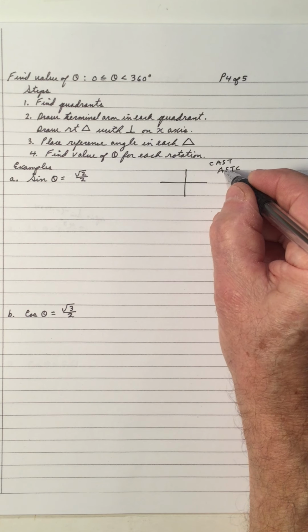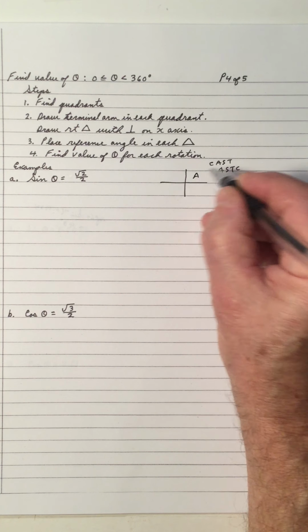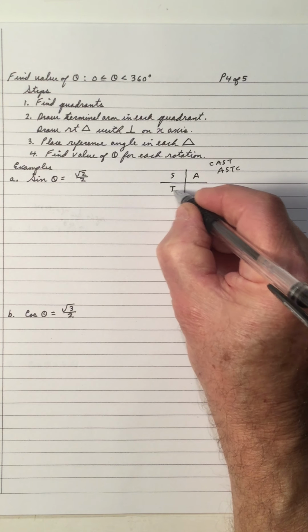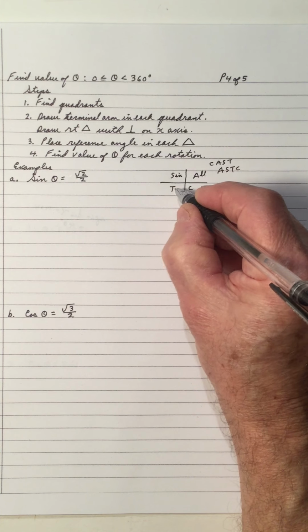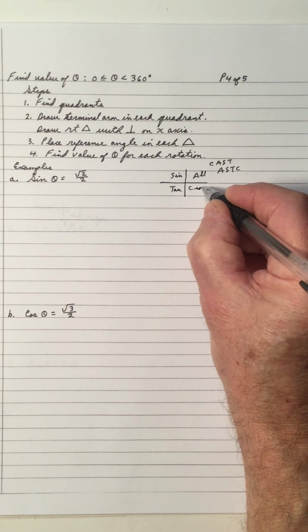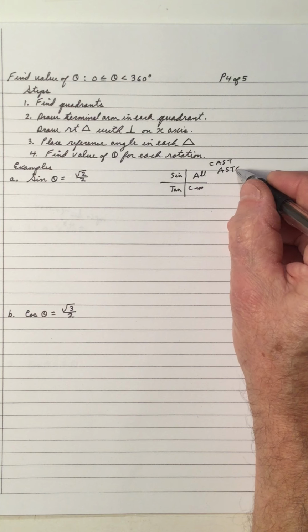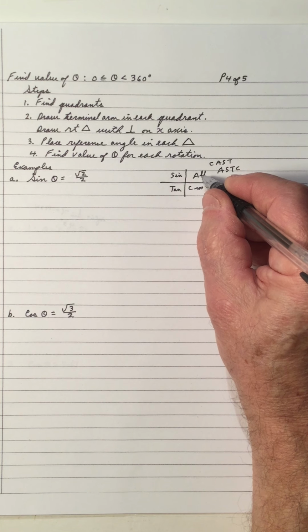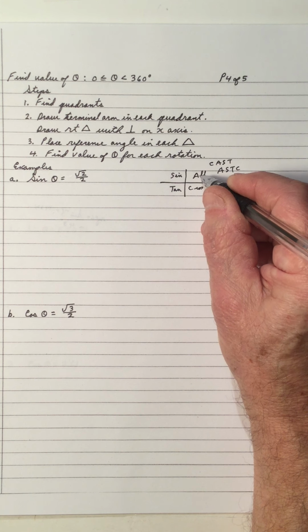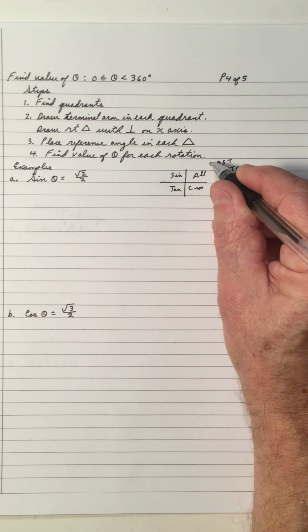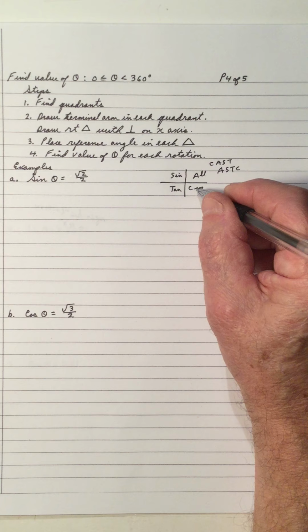I prefer to use add sugar to coffee because ASTC stands for all, sine, tan, and cos. The reason I like ASTC, add sugar to coffee, is because you start with A, the first letter of the alphabet, and you start with the first quadrant. But the CAST rule starts in the fourth quadrant.